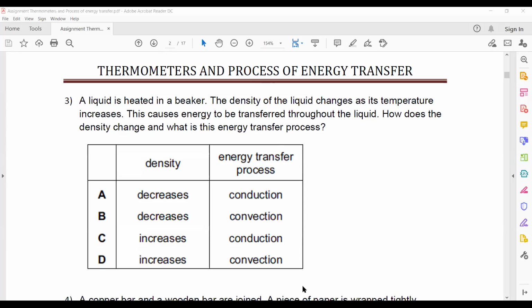The density of a liquid changes as the temperature increases. This causes energy transfer throughout the liquid. How does the density change and what is the energy transfer process? So as the temperature increases, the volume increases, so density decreases, and it is by convection. So B is the right answer.